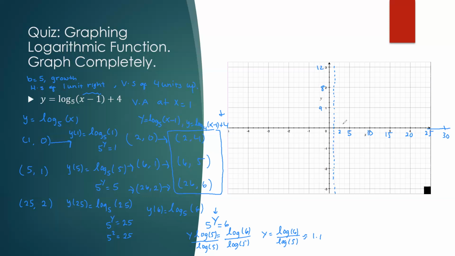So (2, 4) would be, here's 2, and here's 4. (6, 5) would be, here's 5, and 6 would be right about here. (26, 6) is, here's 25, 26, and then 6.